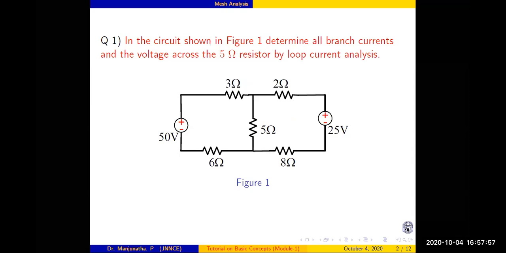These are the two topics: mesh analysis and node analysis. Mesh analysis is also called loop analysis. Here they may ask the current in this 6 ohm or 8 ohm or 5 ohm, 3 ohm, 2 ohm, or power in this 5 ohm using mesh analysis.